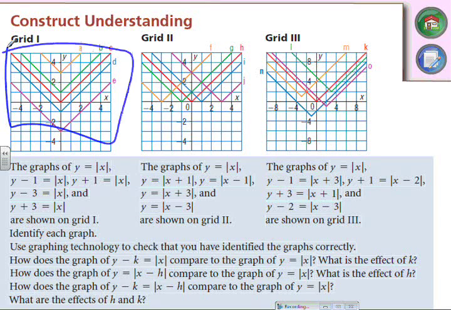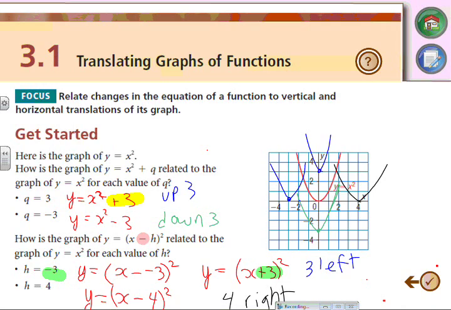So parts that we're really focusing on now is, well, when we have y equals the absolute value of x. Actually, I'm going to go back one thing here first. With this, I'm going to do one extra thing. That plus 3 went up 3.